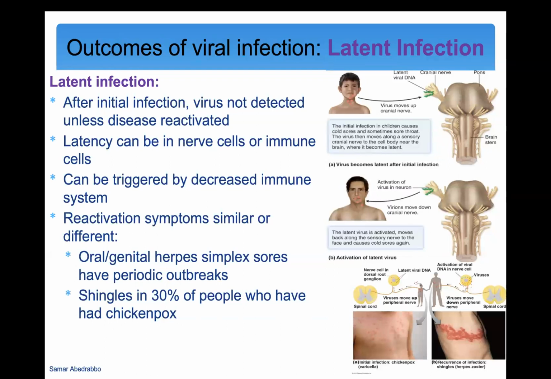The reactivation again can happen due to you getting sick, due to you being stressed, due to anything that decreases your immune system. And again, some examples of those were shingles, and this number is not 30% right now. The latest data, this is according to your textbook, but the latest data is 10 to 15%.